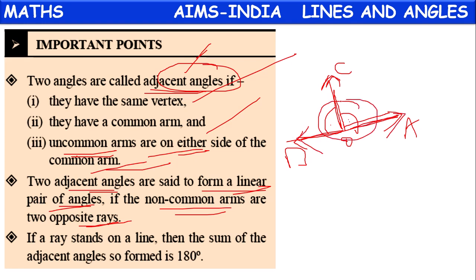Then this is called a linear pair, which is equal to 180 degrees. That is the point we have learned. If a ray stands on a line, then the sum of adjacent angles formed is equal to 180 degrees. This also we have learned.